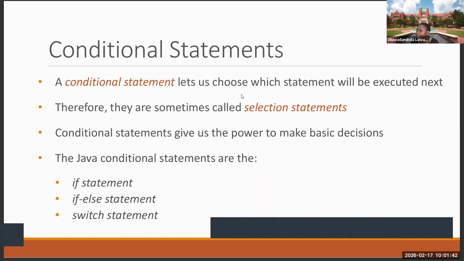Okay, so what is a conditional statement itself? This is a statement that lets us choose. It tells the compiler, make a decision. Choose between A, B, C. And in this kind of statement, not every line of code is executed. So if A is true, then B is not executed.